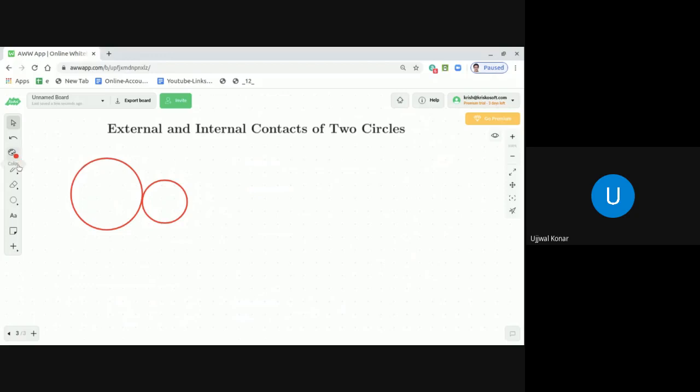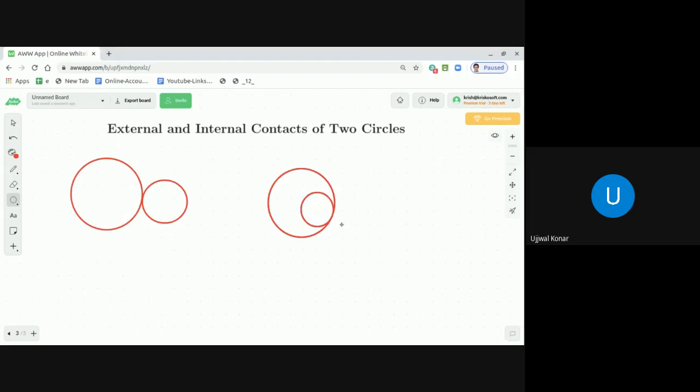And another case I'm going to show you, dear students, is something like this. This is one circle and another circle is this.